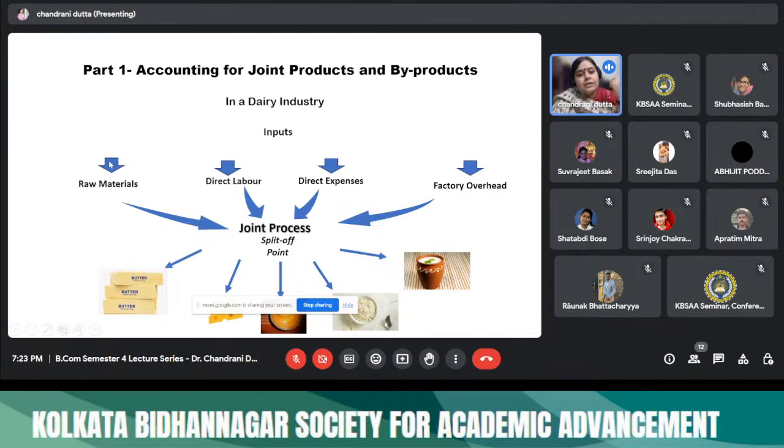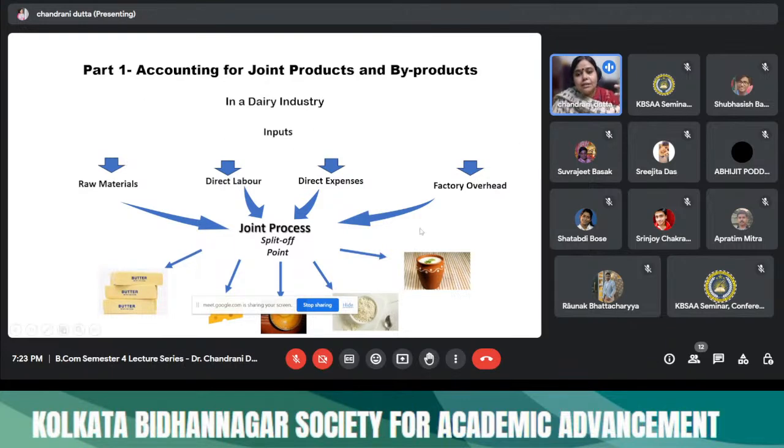In the dairy industry, the basic raw material is milk. The factory receives the milk, stores it, and does some form of sterilization and processing.